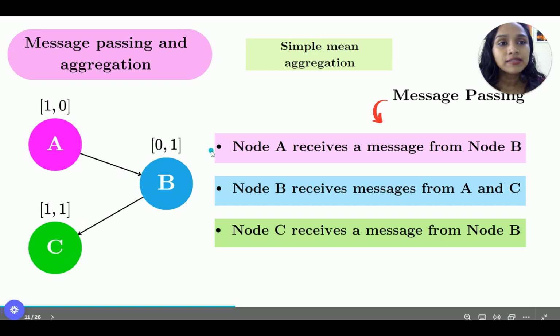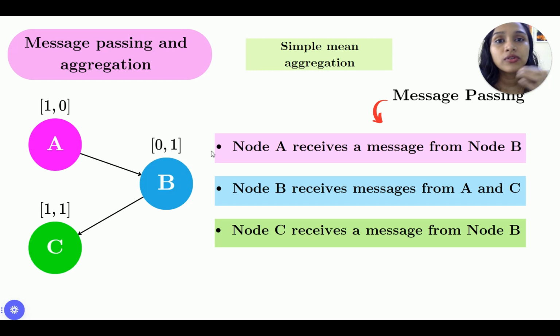By this message passing, all the nodes in this graph will pass their features to their neighboring nodes, and when these neighboring nodes receive these messages, they will use the received messages from their neighbors to aggregate the features and update their own feature.